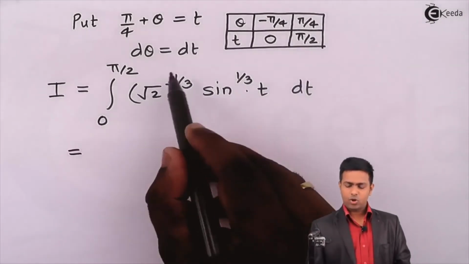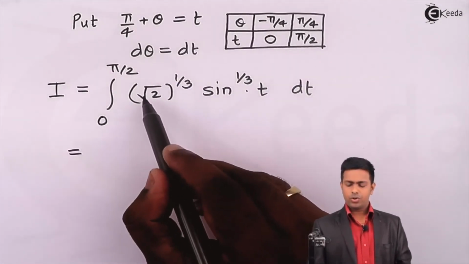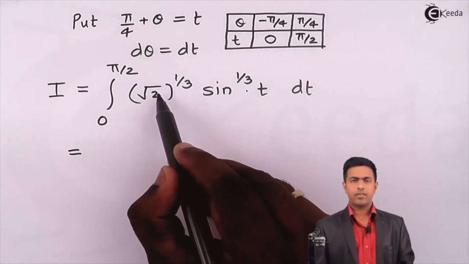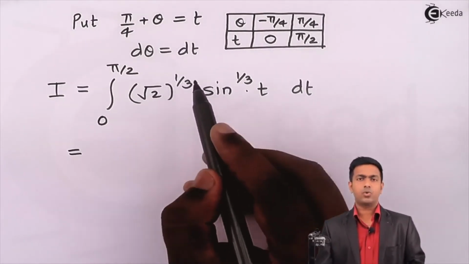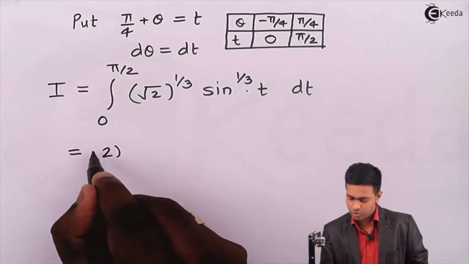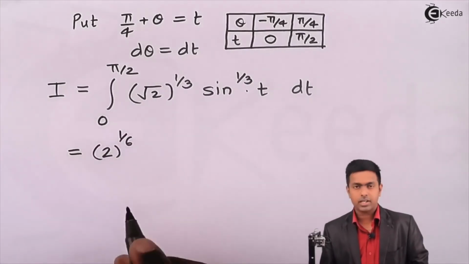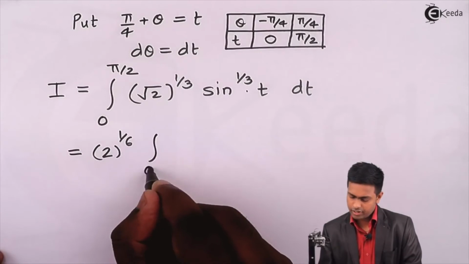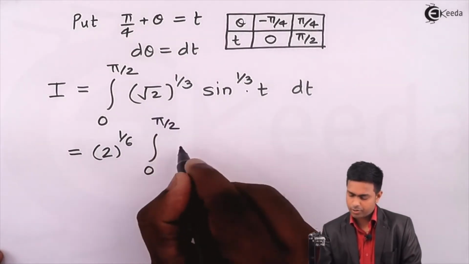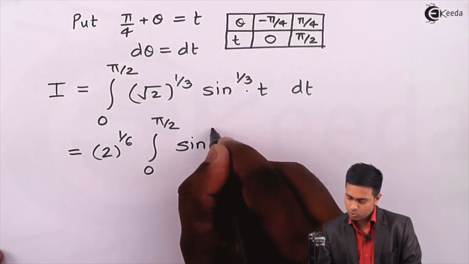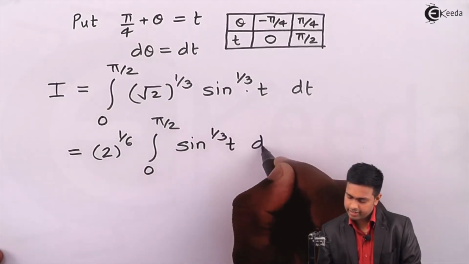Here I can take this constant outside. Root 2 means 2 raised to half, and raised to 1 by 3 will be 2 raised to 1 by 6. So I'll take 2 raised to 1 upon 6 outside. The integration is 0 to pi by 2 sine raised to 1 upon 3 t dt.